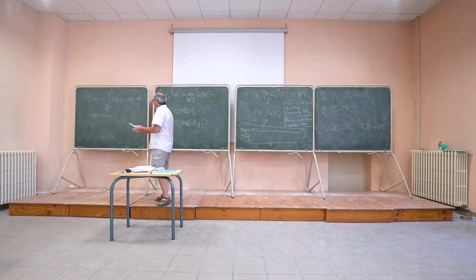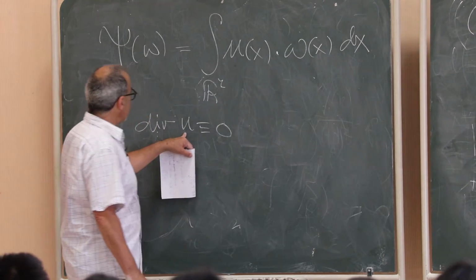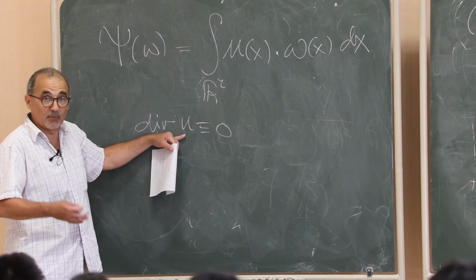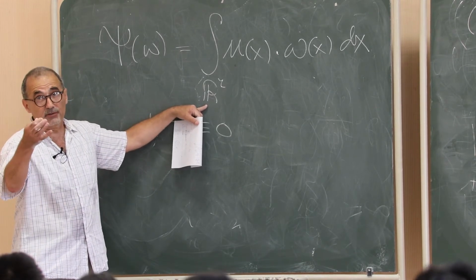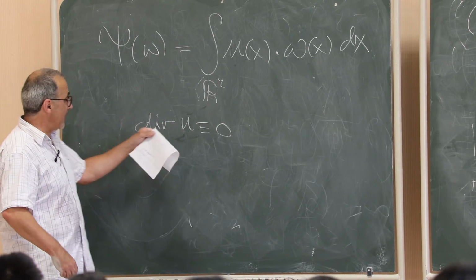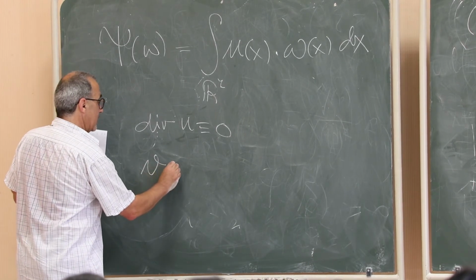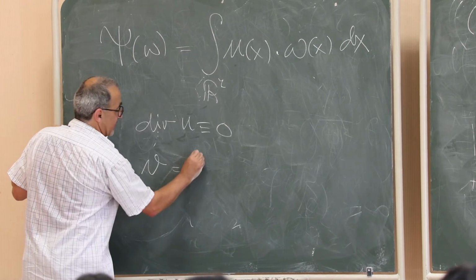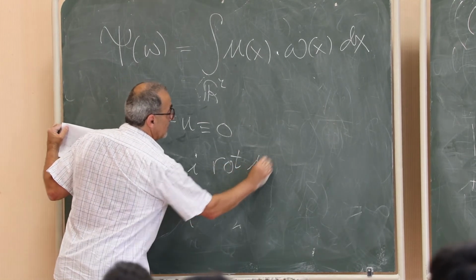Actually, better change for computational reasons. This is a divergence-free vector field. This is not random anymore. On R2, better take the height function of which this is the curl. So better say that V is rot of u.